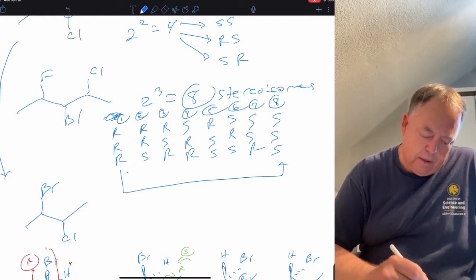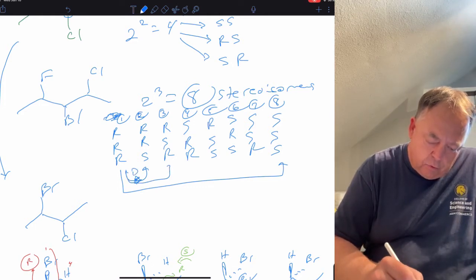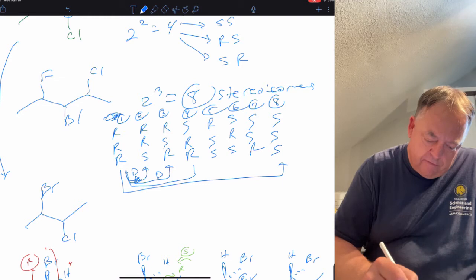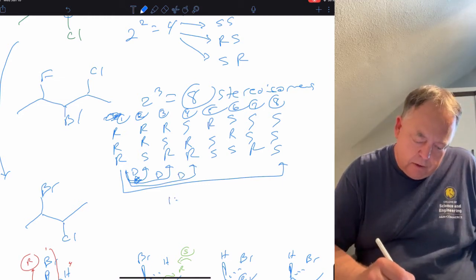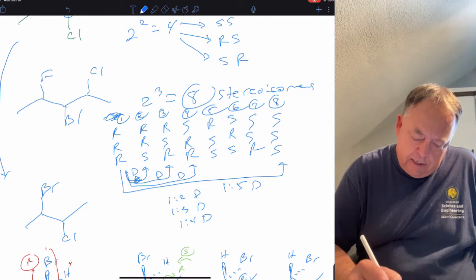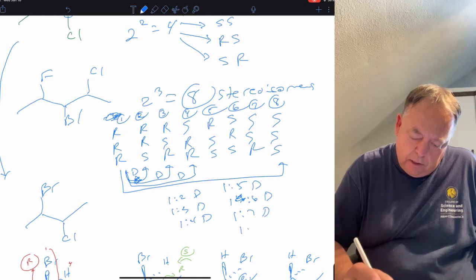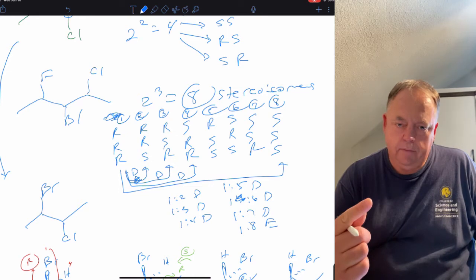If we compared 1 and 2, they're diastereomers. 1 and 3, diastereomers. 1 and 4, diastereomers. 1 and 5, diastereomers. 1 and 6, diastereomers. 1 and 7, diastereomers. 1 and 8, enantiomers.